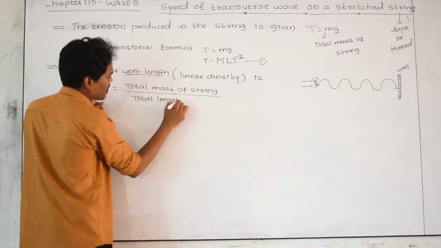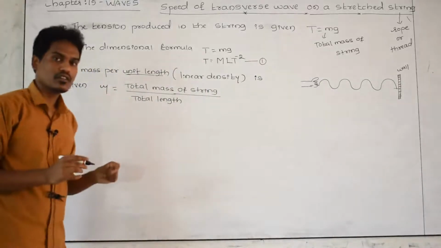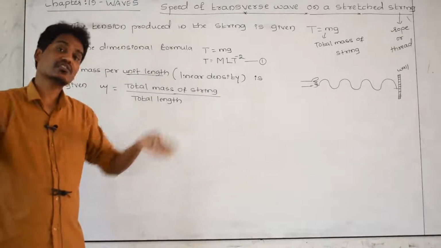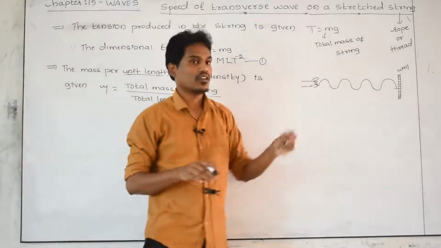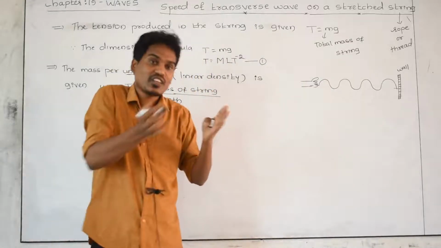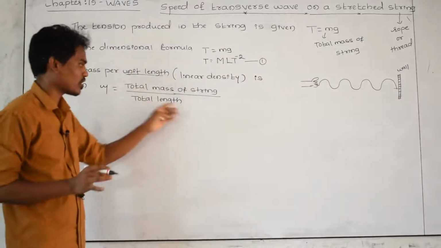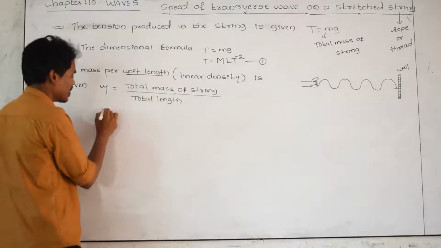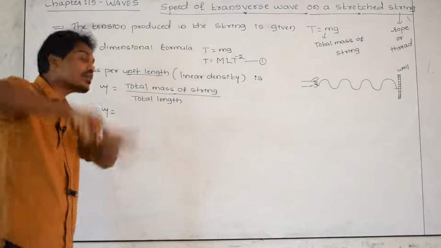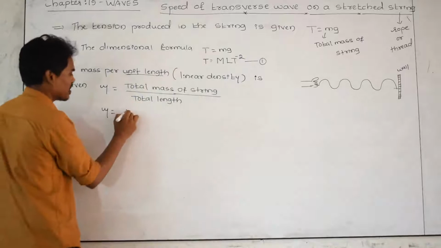Don't confuse the total mass with this mu. For example, if a thread is 10 meters, the mass of its total length is m. If you cut just 1 meter of the wire, the mass of that 1 meter length, that is mu. Total mass by total length, then you are getting mass per unit length. Total mass is nothing but small m.